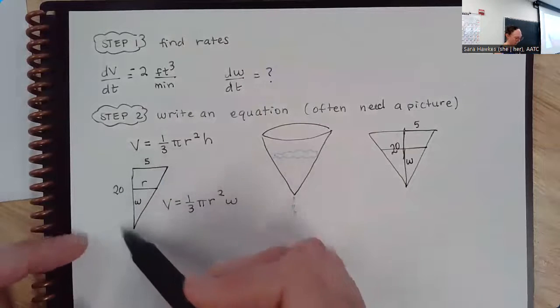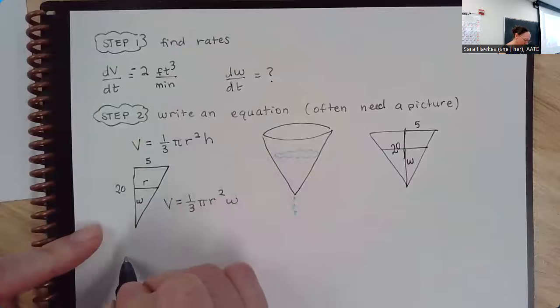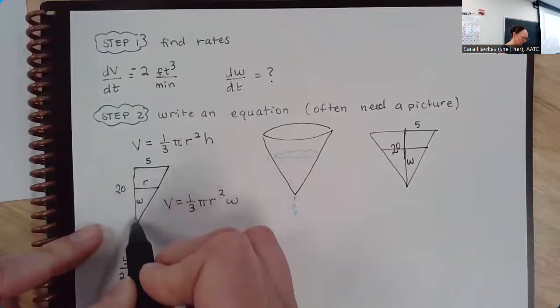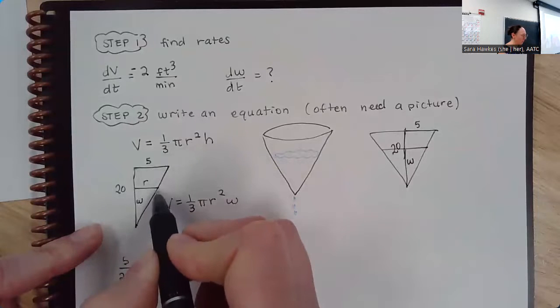So here in terms of my triangles, I know that 5/20, this side to this side for my big triangle, would look like R/W for my small triangle.